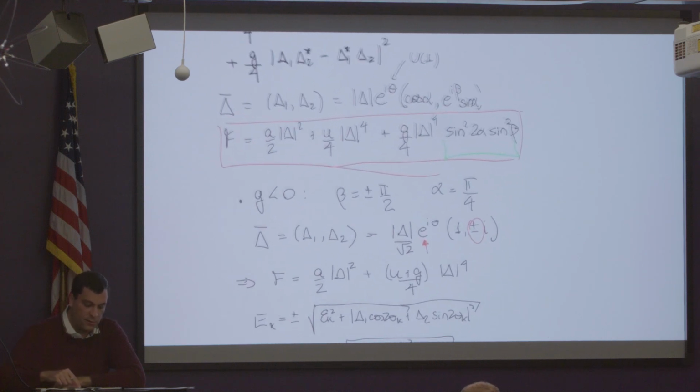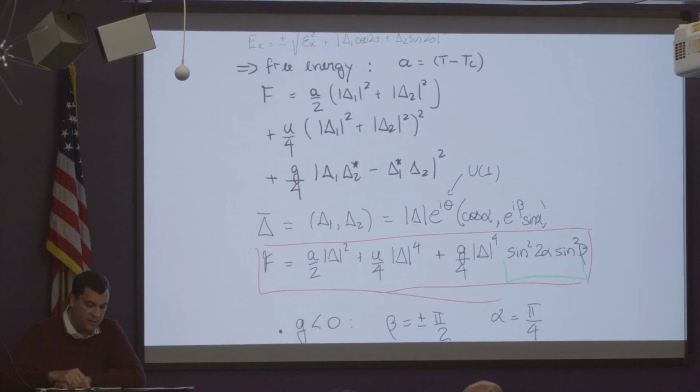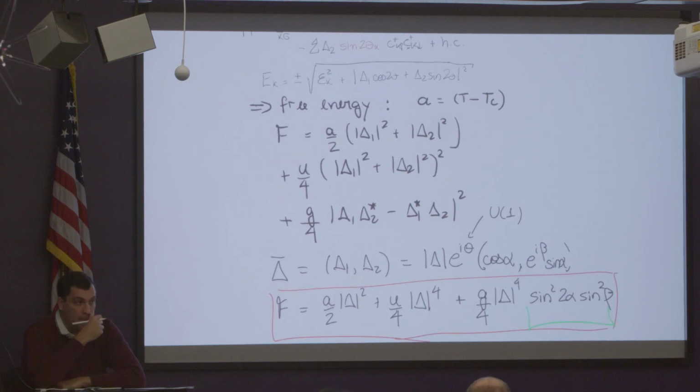Yes. So this G came from my free energy here, right? So it's a Landau coefficient. Right. So if I just do phenomenology, I don't know what G is. Could be positive or negative. Now, I can derive it from a microscopic Hamiltonian.